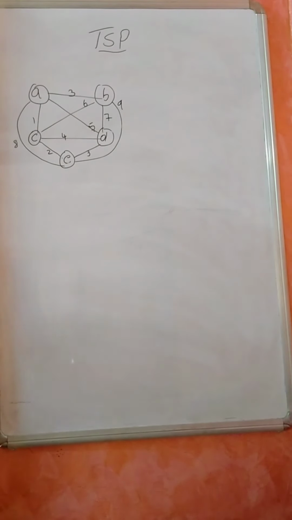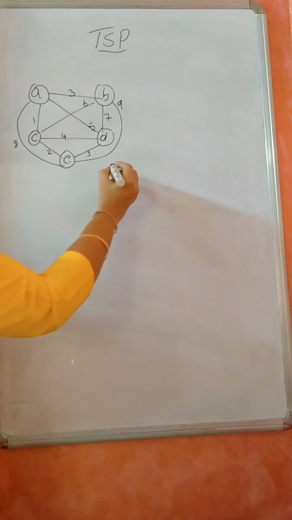That is the information the lower bound and the initial upper bound give you. Now we will see how this TSP problem can be solved using branch and bound. So how to compute the lower bound here?